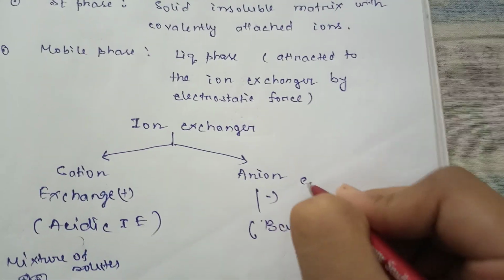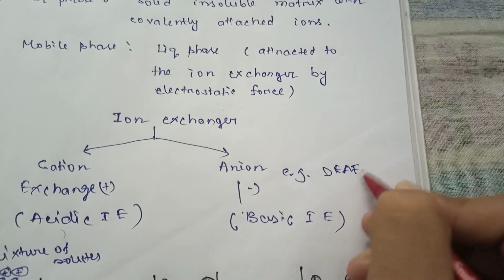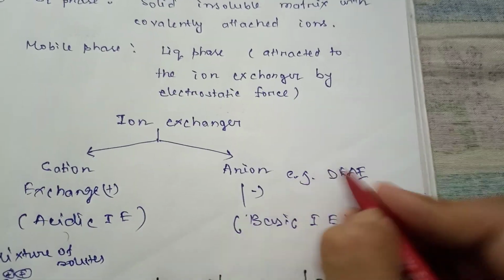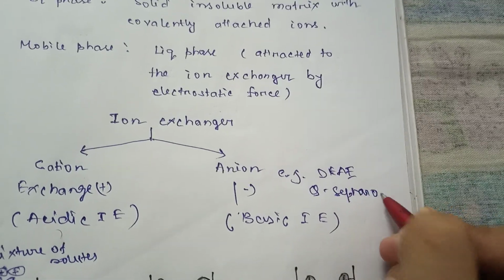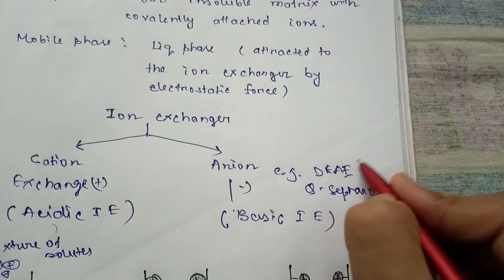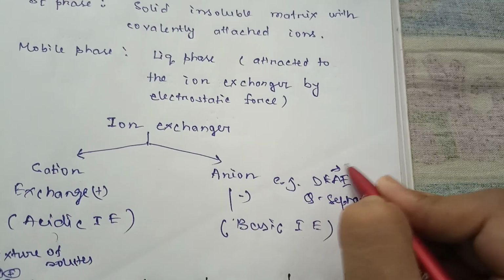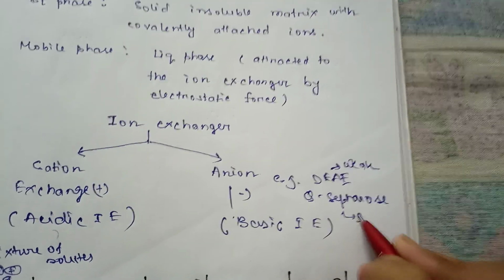Now there are so many examples of cation exchangers and anion exchangers. For anion exchangers, some examples are DEAE cellulose or Q sepharose, and they can also be classified as strong and weak, as I said. DEAE cellulose is weak, Q sepharose is strong.